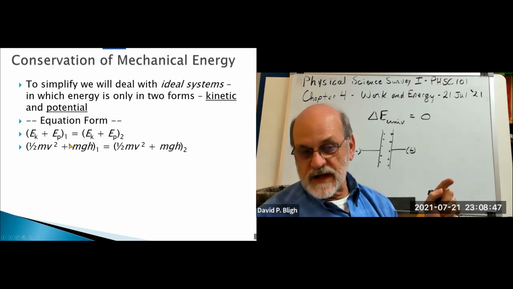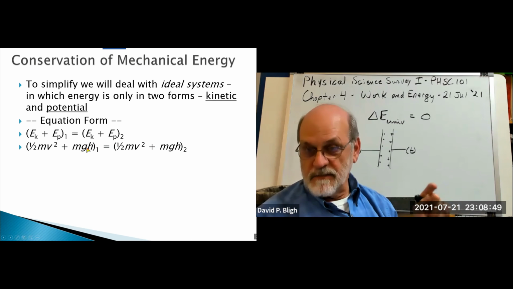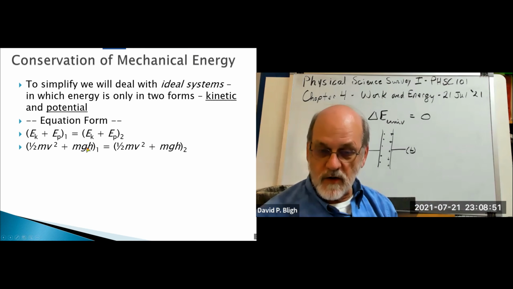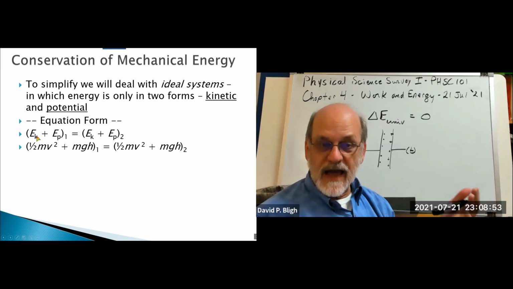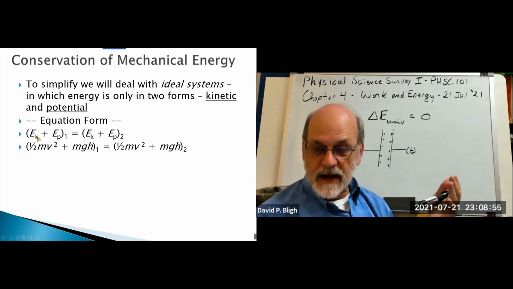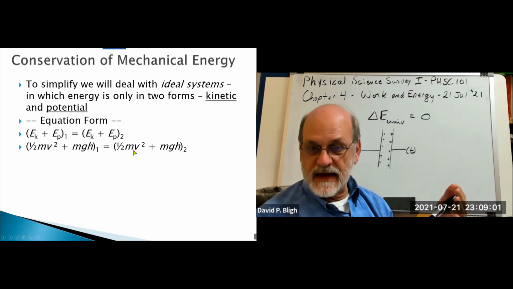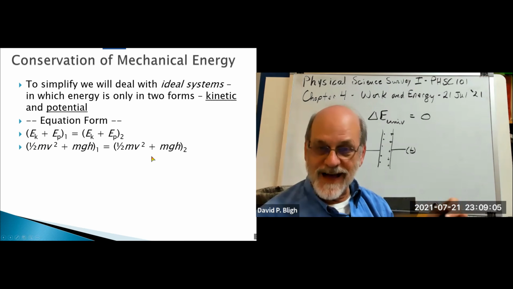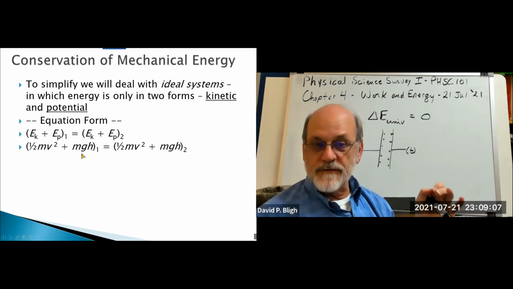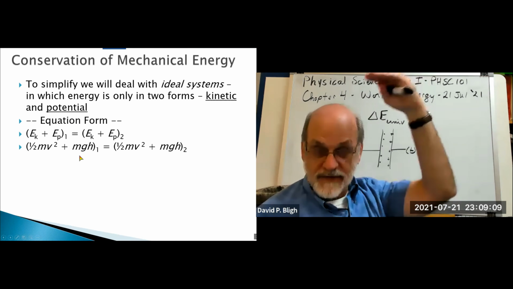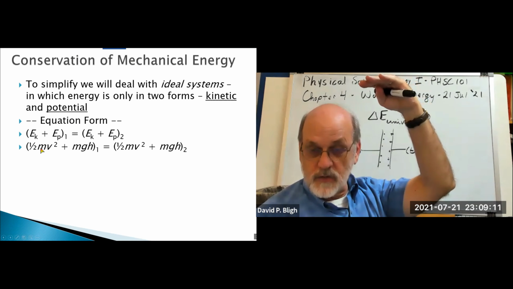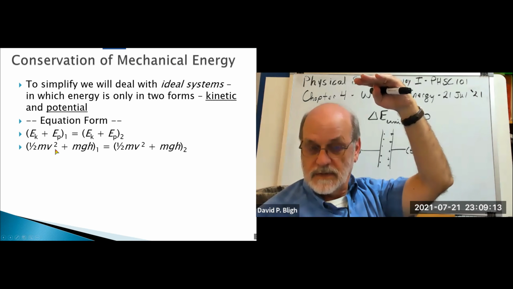And the potential energy due to height is mass times the acceleration of gravity times its height, and its kinetic energy is 1/2 mv squared. So at the beginning it has these two, and at the end it has those two, but they both together must add up to the same value. Now, if it's at rest at this height, then this value is going to be 0, and it's all stored here.